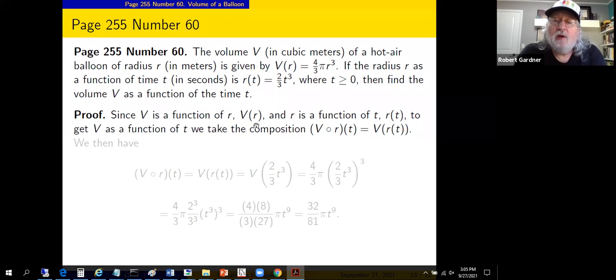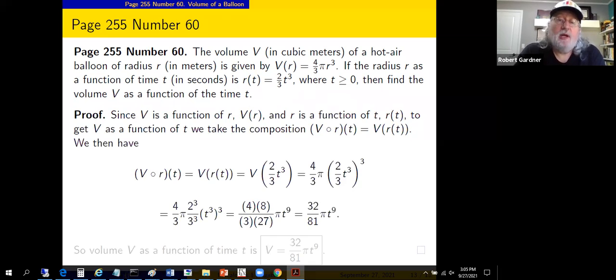V is a function of r, V of r, as it says explicitly there. R is a function of t, time, as it says explicitly there, r of t. So to get V as a function of t, we'll take the composition. V composed with r of t, that is V of r of t. We know V, we know r, we're good to go.